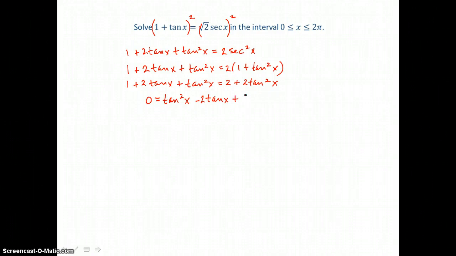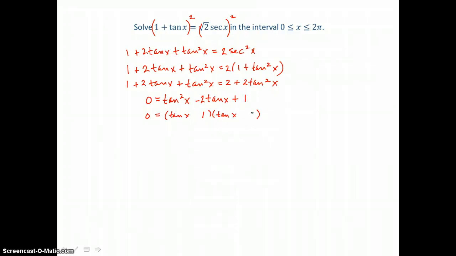So I have a trinomial to factor on the right-hand side, and that trinomial should factor into a binomial times a binomial. So if I factor that first term, tangent squared x, into tangent x times tangent x, those factors go here first in my binomials, and the only factors of 1, the constant term, are 1 times 1.